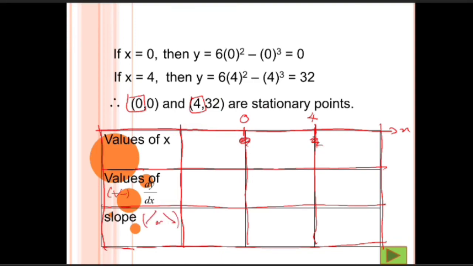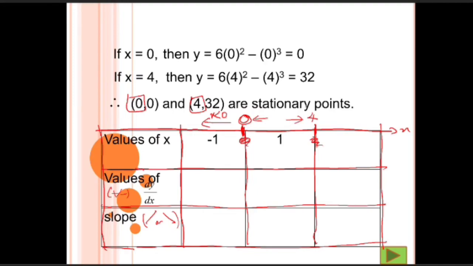What will be the values of x? You can choose any number. Now, this is the value of 0 here. So to the left of 0 is a value less than 0. You can choose any number. Let's say you choose -1. After that, a number between 0 and 4.